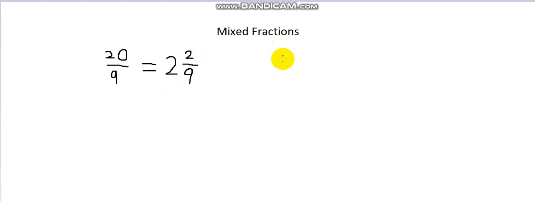Let's say that I have a mixed fraction, like 3 and 1/4, and I want to turn it into an improper fraction for whatever reason. Now that's even simpler. I just say 4, the denominator, times 3, the whole number, makes 12, and plus the numerator, 1, so that's 13 over 4. And that's how I change one to the other.